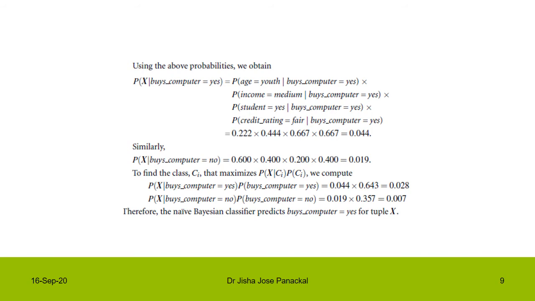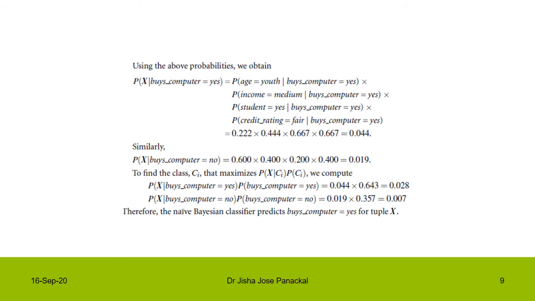To find the class Ci that maximizes the probability of x conditioned on Ci times the probability of Ci, we compute the values, that is, the probability of x given buys_computer yes times the probability of buys_computer yes. We get a value of 0.028.